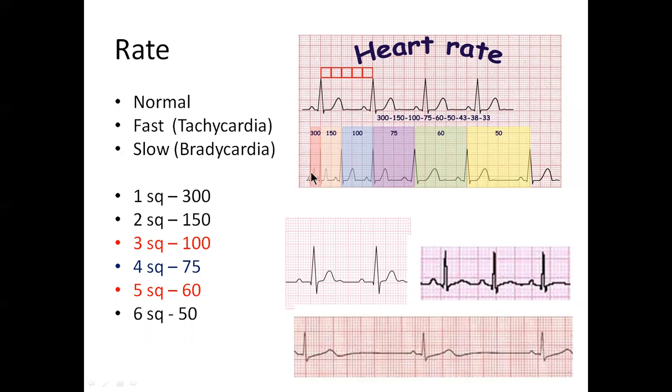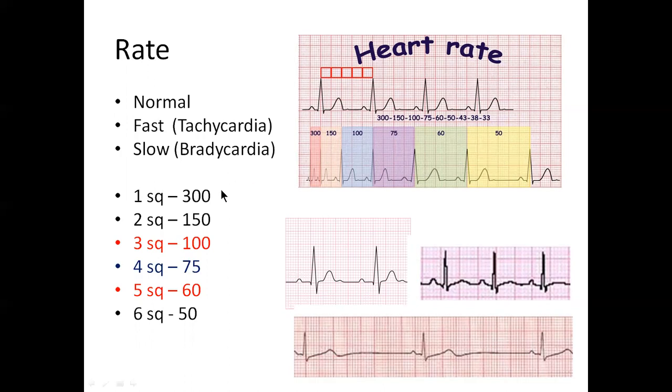Okay, so if there is only one square between two QRS complexes, the heart rate would be 300. If it was 2 squares, that will be 150. 3 squares, 100. 4 squares, 75. 5 squares, the heart rate will be 60 beats per minute, and 6 squares will be 50 beats per minute.